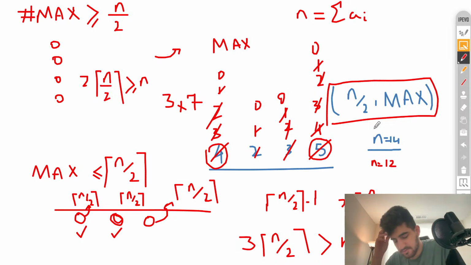But no, here it is not quite that. It is somehow similar, because we're saying that none of them are greater than n half. But the most important point here is that none of them is strong enough to make an issue.